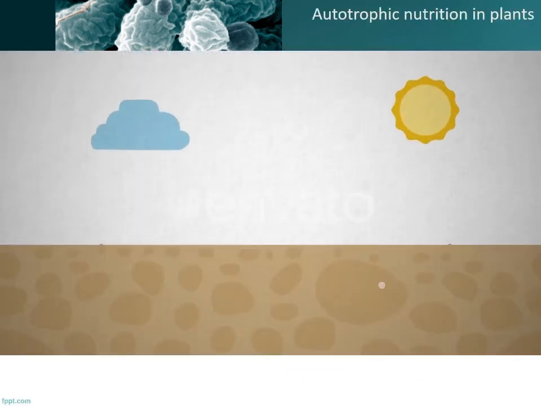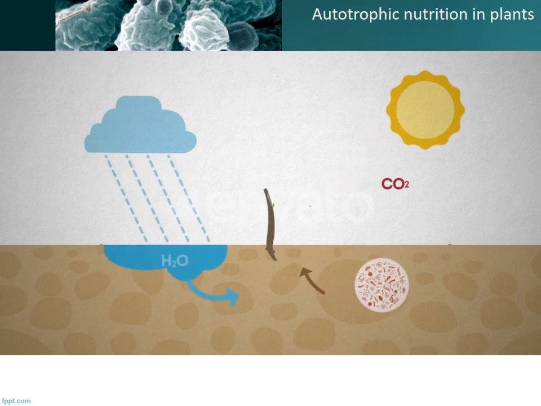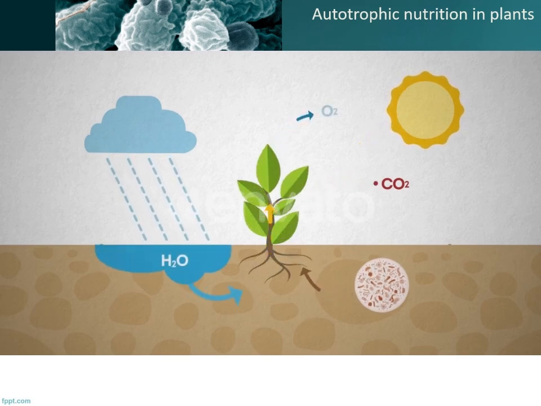First of all, we shall see autotrophic mode of nutrition. Autotrophic mode of nutrition is present in plants. They utilize sunlight, carbon dioxide from the surroundings, release oxygen, use water from the soil to synthesize their own food.